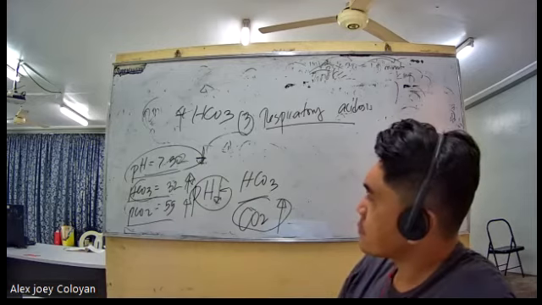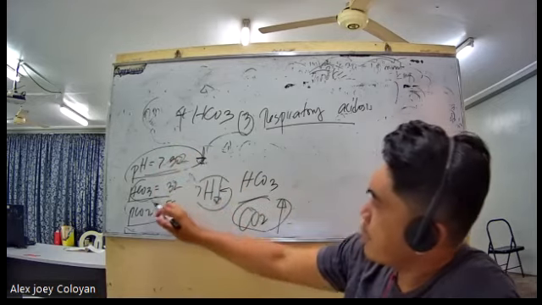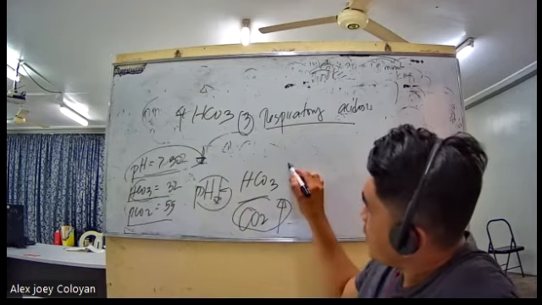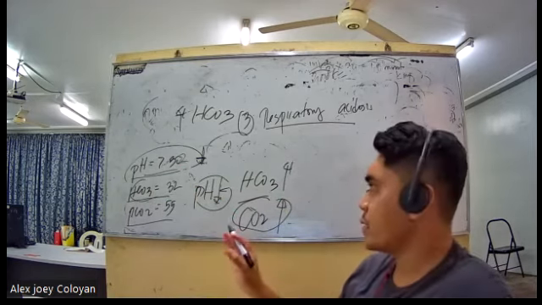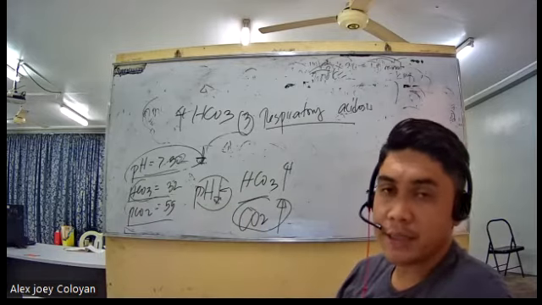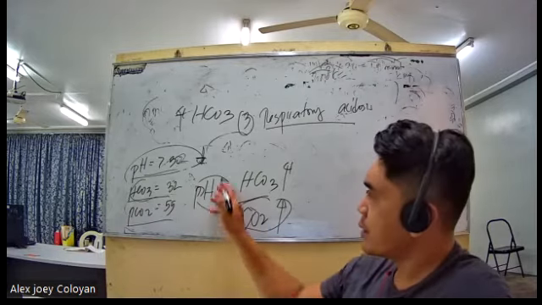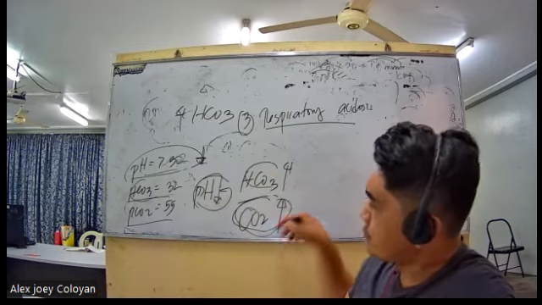So you have low pH, increased bicarbonate, and increased CO2. For this one, what is the cause of the decrease in pH? This one or this one?